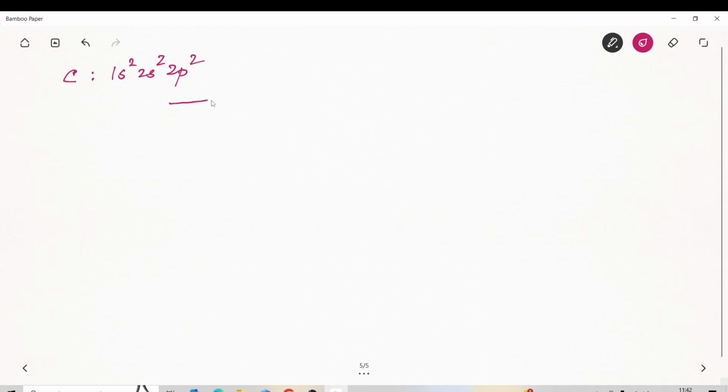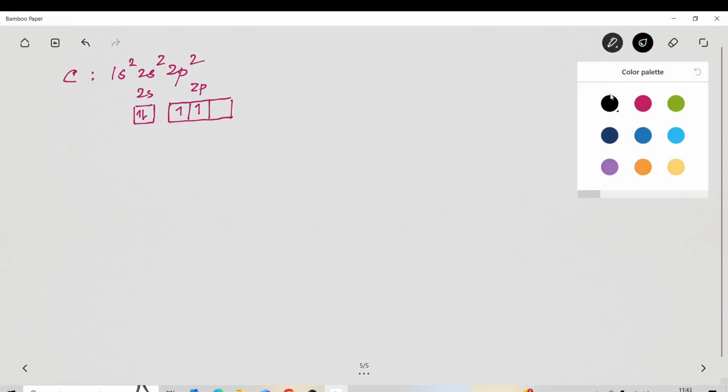Therefore, if you write down the outer shell configuration, there are 2s and 2p, so 2s2 and 2p2.